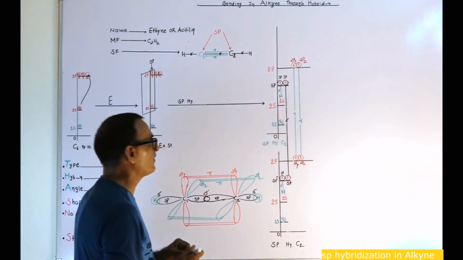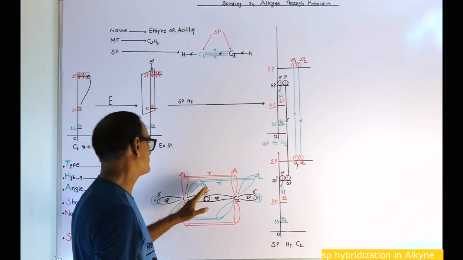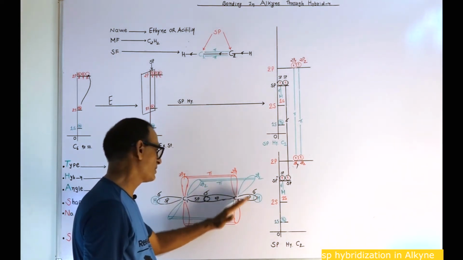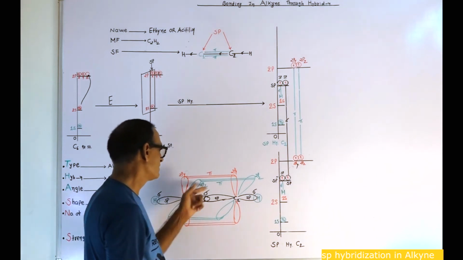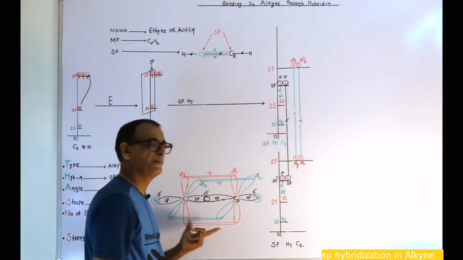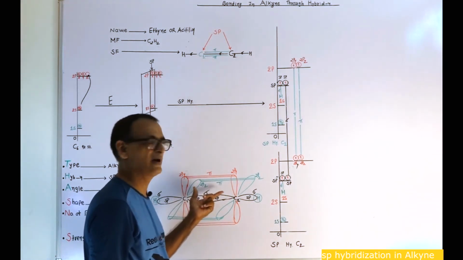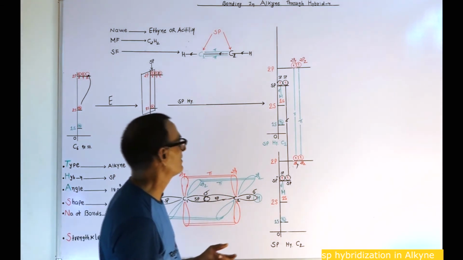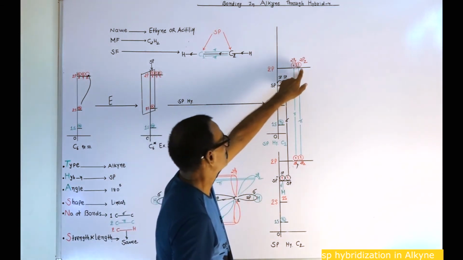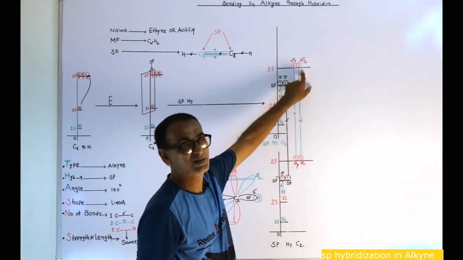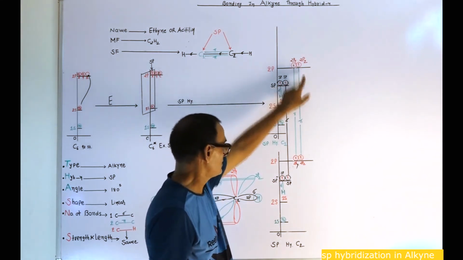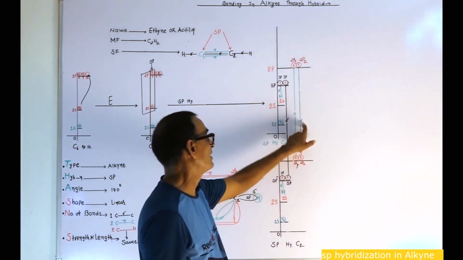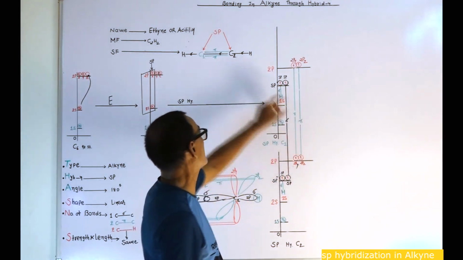The second pi bond will form by 2pz. This is the 2pz orbital of C1 and this is the 2pz orbital of C2. They will also overlap in parallel, and after parallel overlapping they will form the second pi bond.